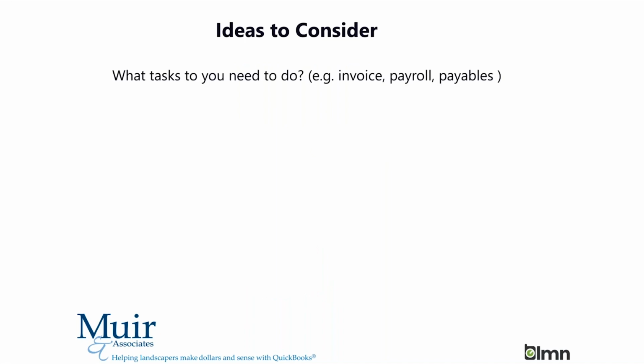Some things to consider are: what tasks do you need to be able to do? Just a side note here, not all versions of QuickBooks actually let you do payables. There's other ways that you end up handling your expenses. How many people need access? A lot of times this is a real simple way to eliminate some of your choices as you move up the line in the products, you'll find that more people have access.